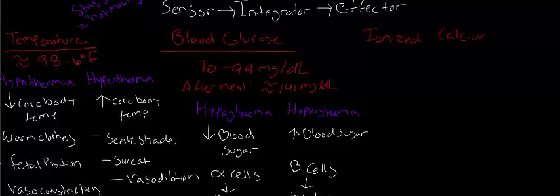Now, calcium is the major component of minerals in the body. And the norm is about 8.8 to 10.4 milligrams per deciliter in adults.